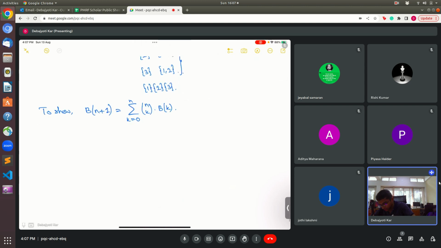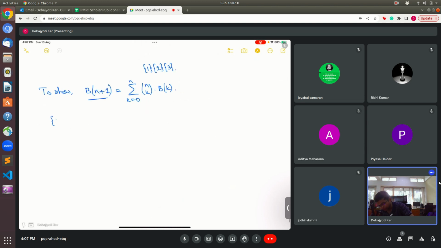Now, what is B of n plus 1? It is the number of ways to partition the first n plus 1 natural numbers. So we have 1, 2, 3 up to n plus 1, and we have to count in how many ways we can partition this set. Now consider any partitioning of this set.